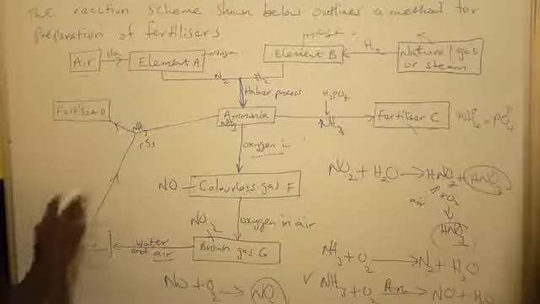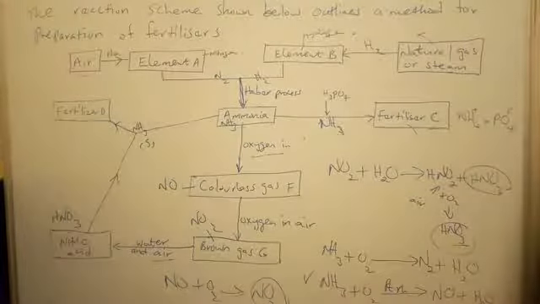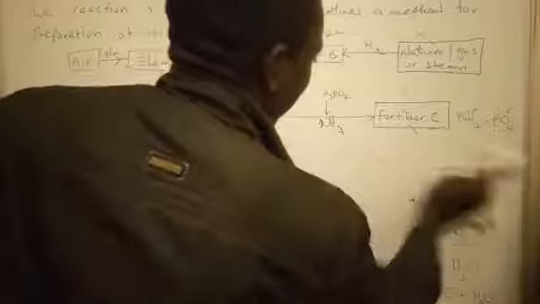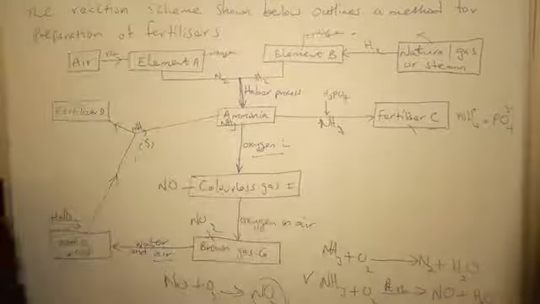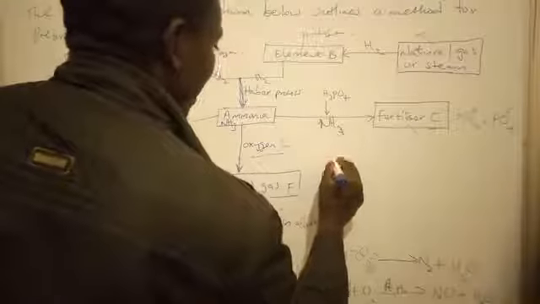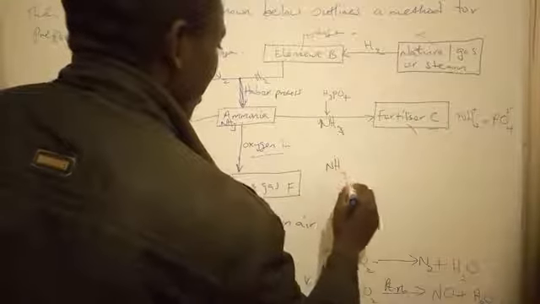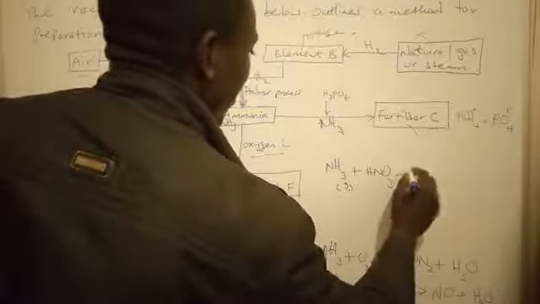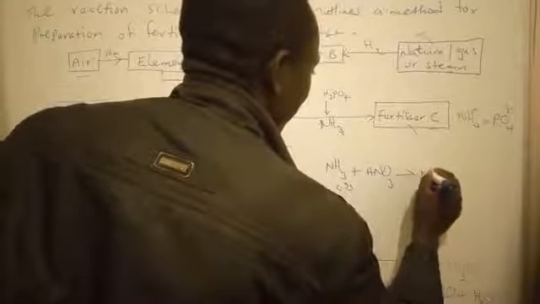When nitric 5 acid and ammonia gas react, we end up forming ammonium nitrate.